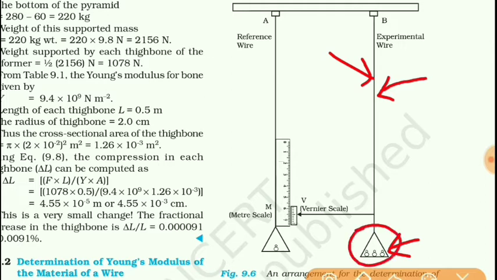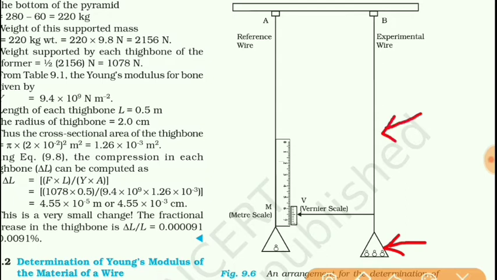After that, gradually, when the masses are increased inside this pen, the wire will get stretched and its length will increase, and that increase in the length can be noted with the help of this pointer attached with a vernier scale. So stepwise we have to put the masses in the pen and obtain the change in the length of this wire with the help of this scale.